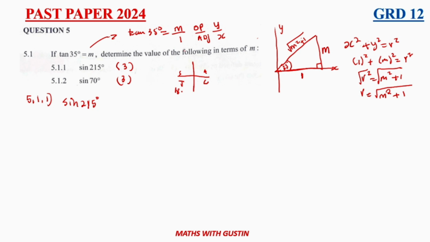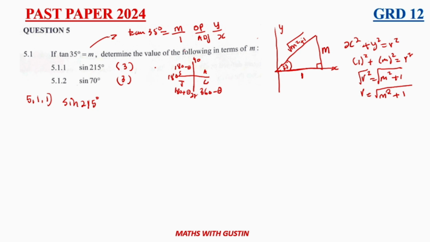Here it's 180 plus theta, here it's 180 minus theta, and here is 360 minus theta. You must know this by heart, please. Here it's 90, here is 180, there is 270.